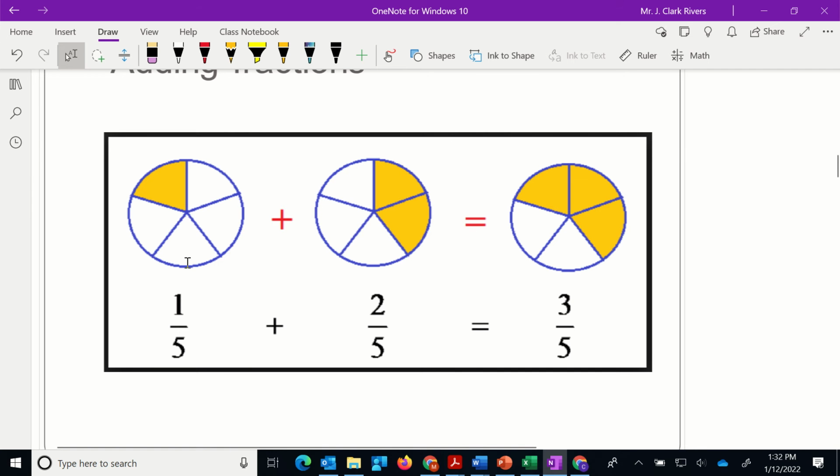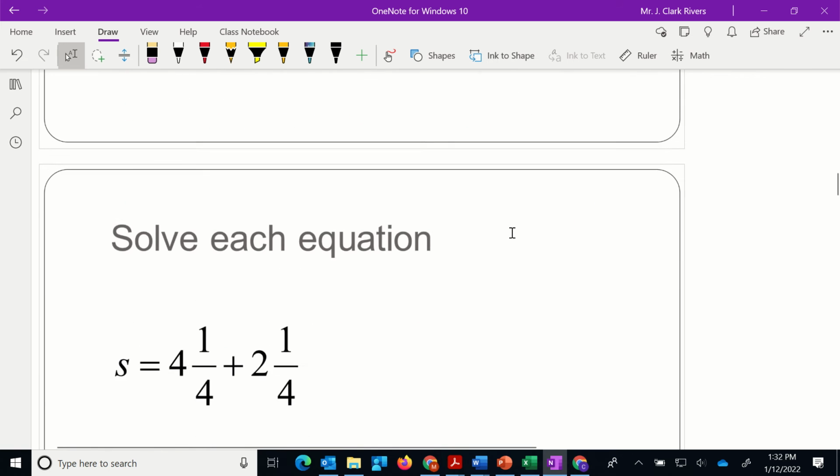So we have 1/5 plus 2/5. We still have a pie that is divided into fifths, but 1 plus 2, we now have 3/5. So 1/5 plus 2/5. Keep the denominator, add the numerators. That is how you add or subtract fractions when you have the same denominator. Questions on that? This is just a visual representation of it.